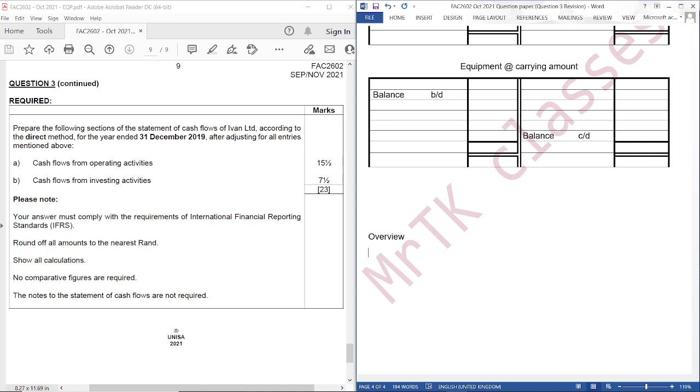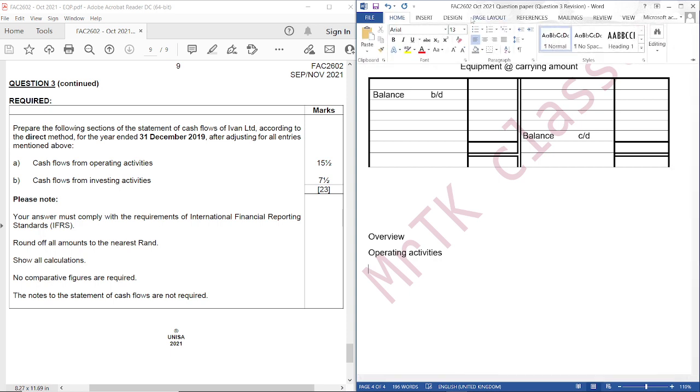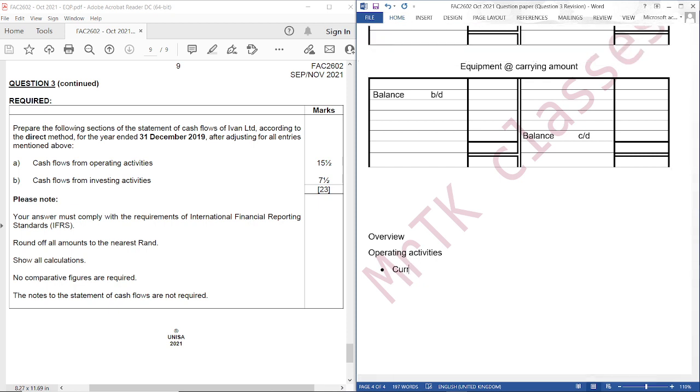Right, so under operating activities, we will have current assets, and we'll look at current assets and current liabilities.